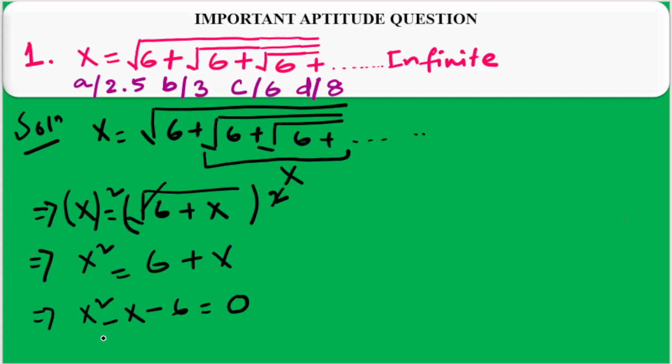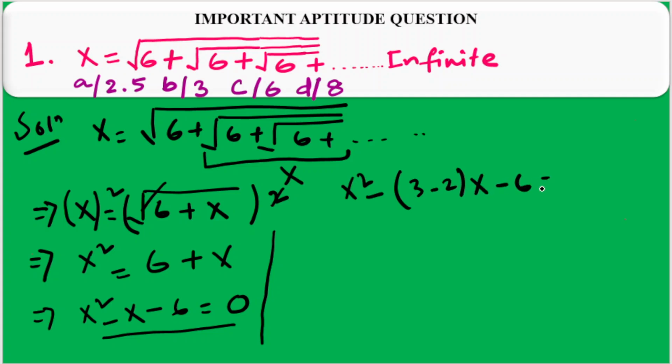Next step we need to do is we need to solve this equation with the help of middle term factorization. So you can write this equation as x square minus 3x plus 2x minus 6 is equal to 0.